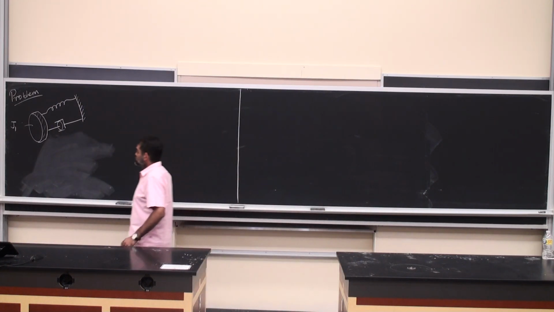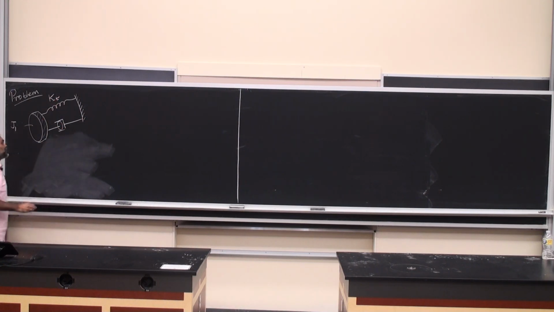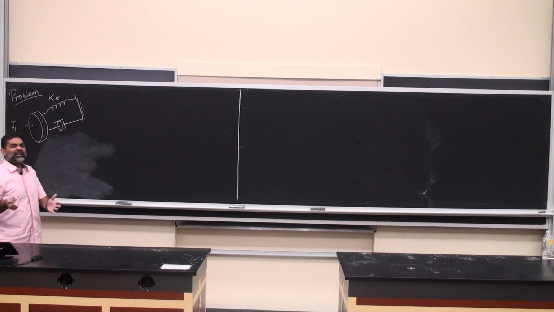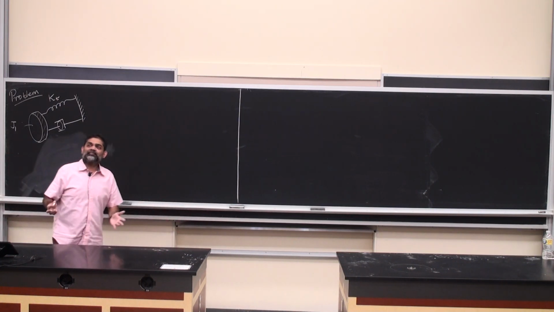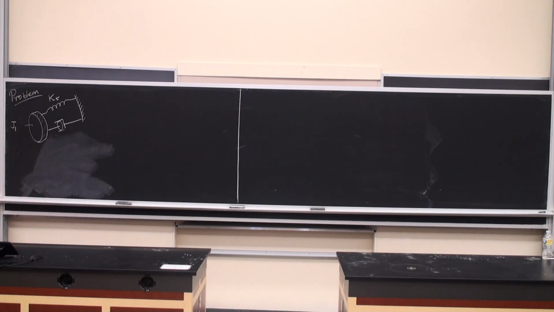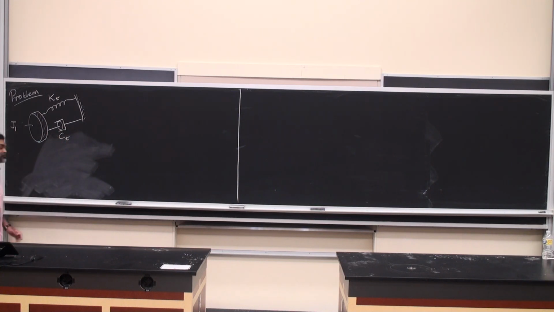Then I have a torsional spring of stiffness K suffix T. Sometimes this is capital K, small suffix t. If you see a letter T there, it indicates a torsional spring. Then I have C suffix T, the damping constant for the torsional damper.